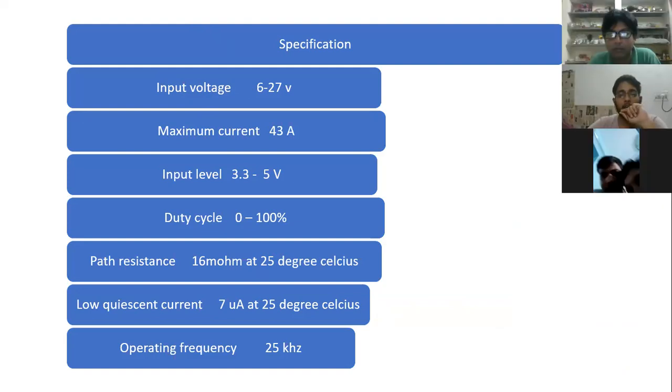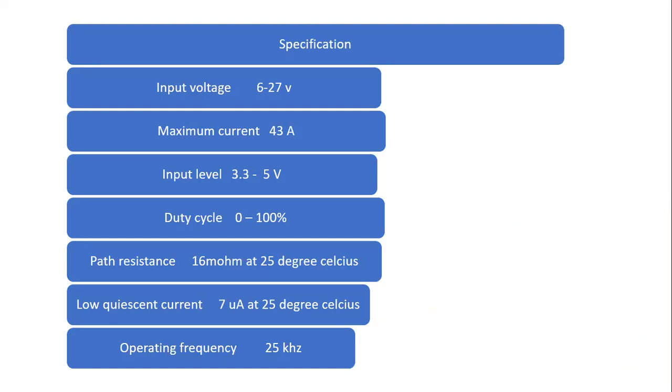The maximum current that it can hold is 43 ampere, and its input level, which comes from the Arduino, is 3.3 volt to 5 volt. Its duty cycle is 0 to 100%, and we will select accordingly from our parameters. Its operating frequency is 25 kilohertz, so we will calculate a frequency which comes under 25 kilohertz.